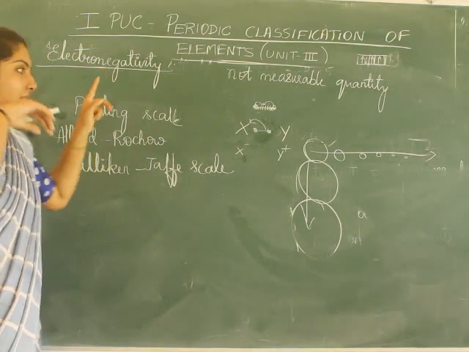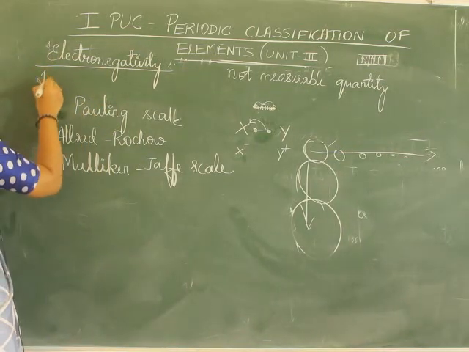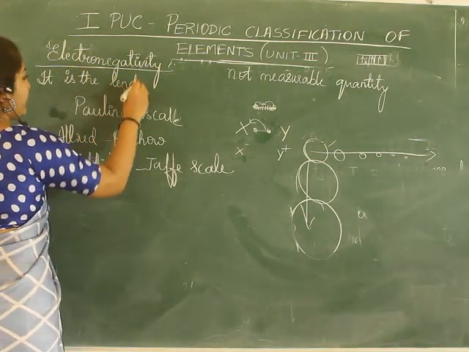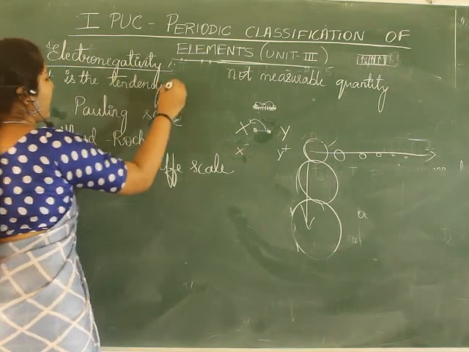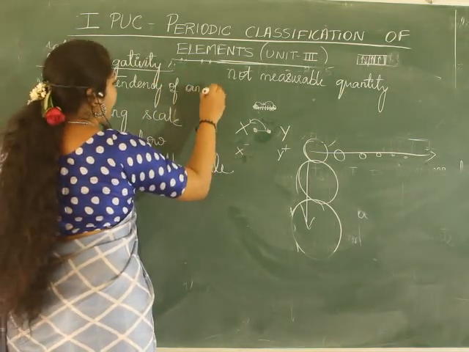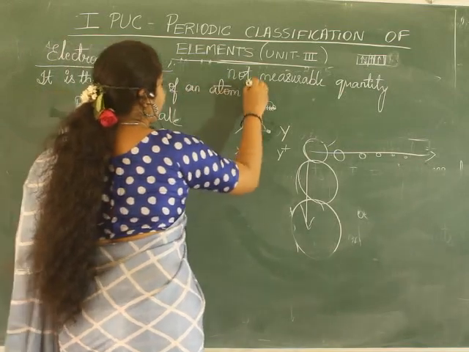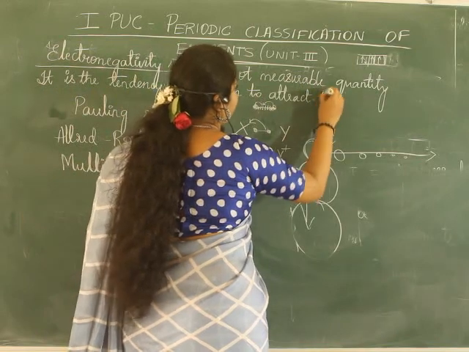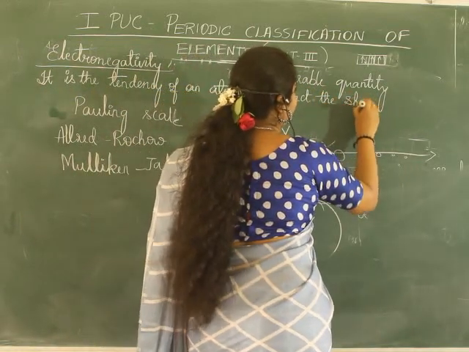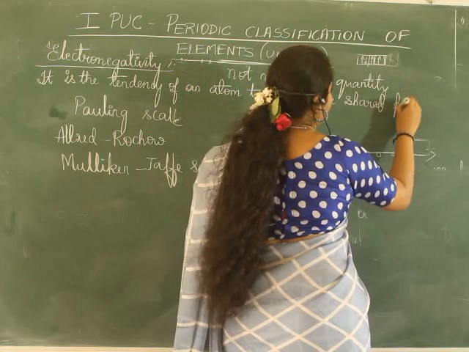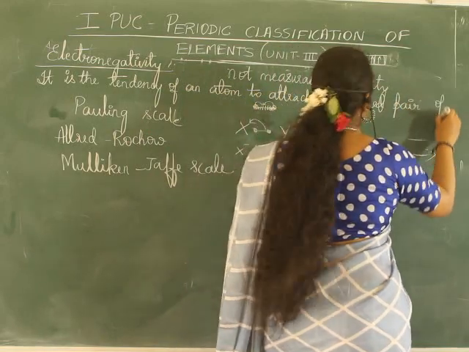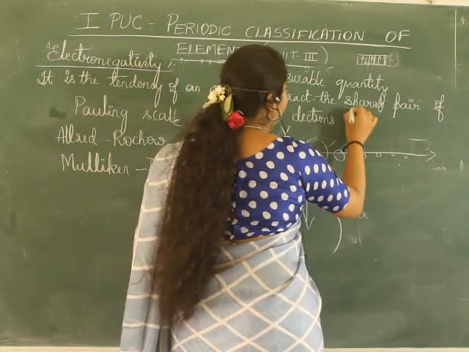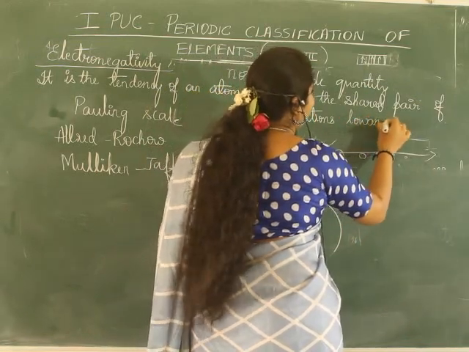So how do you define electronegativity? It is the tendency of an atom to attract the shared pair of electrons towards itself.